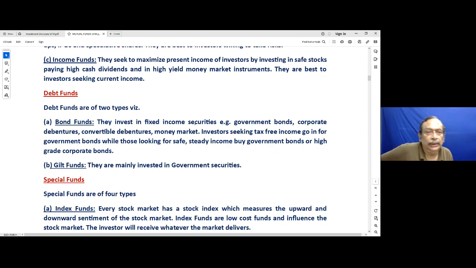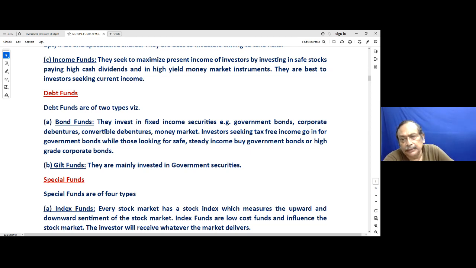Now, apart from equity funds, we have debt funds. Debt funds are of two types, namely, A, bond funds. They invest in fixed income securities, that is government bonds, corporate debentures, convertible debentures, and money market.